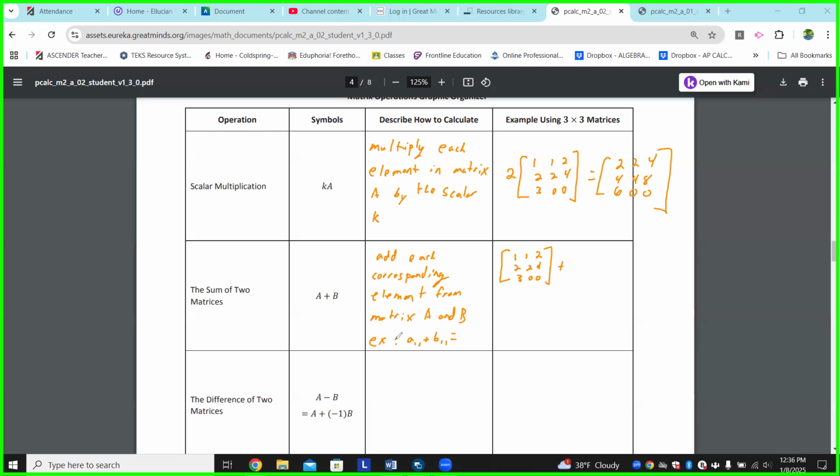So that would be your row one, column one for its corresponding, and that would add to your total. So this would be 2, 2, 4, 4, 4, 8, 6, 0, 0. Go ahead and take this time to add those up. Make sure you can add matrices correctly. And then we'll talk about subtraction. And then that'll wrap it up.